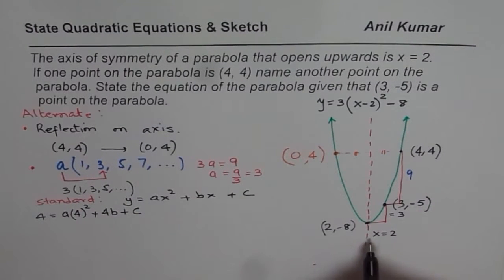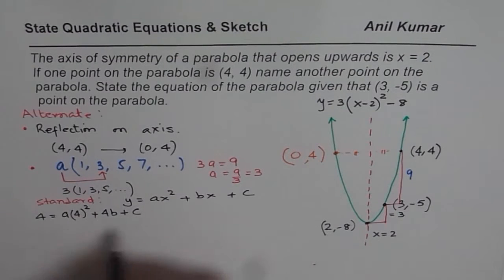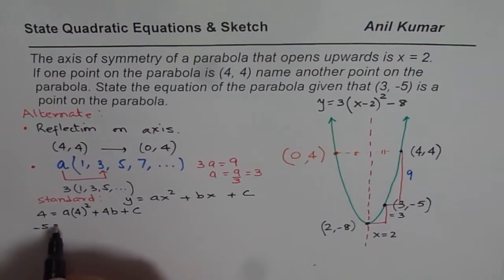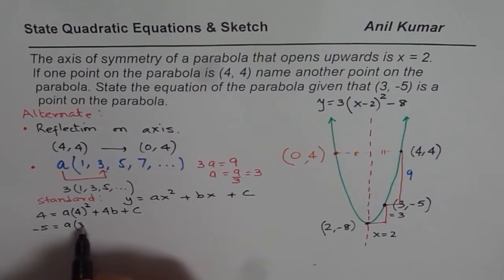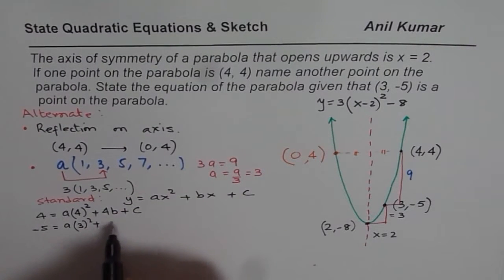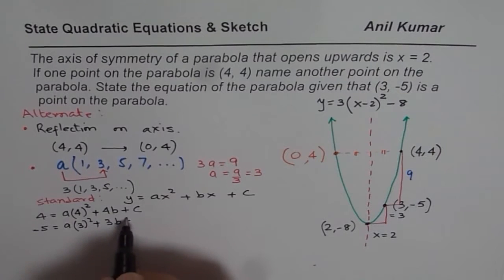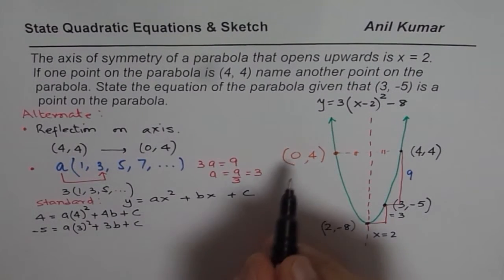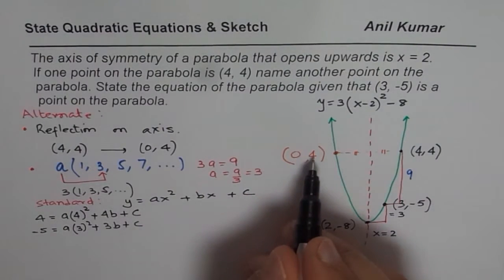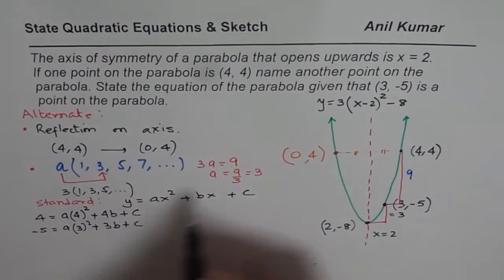And the other point is (3, -5). So I'll write minus 5 here, and then a times x is 3, so 3 squared, plus 3b plus c. And since there are 3 unknowns, we'll use the third point, which is also fortunately the y-intercept for us. Good point to use.